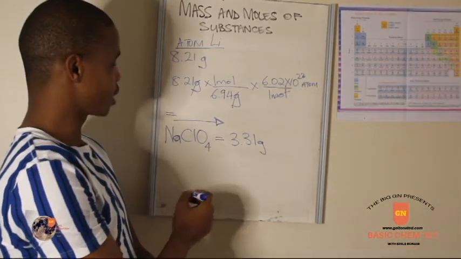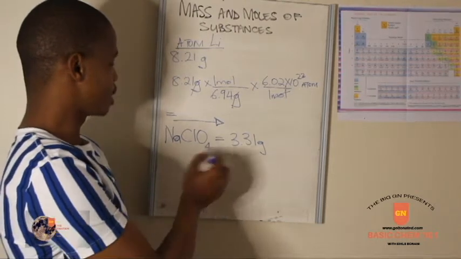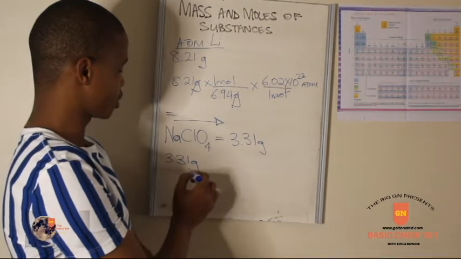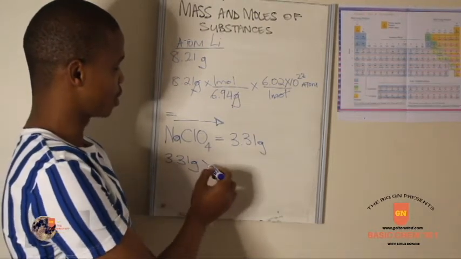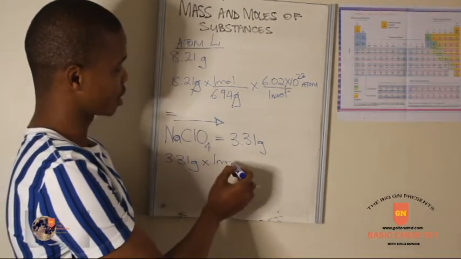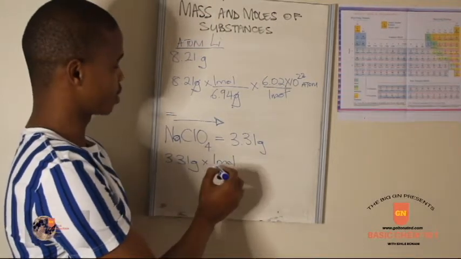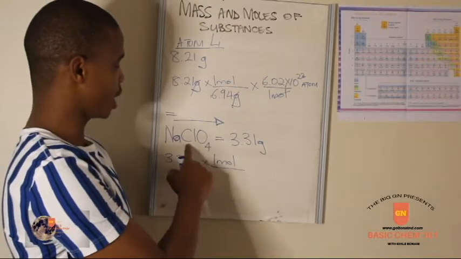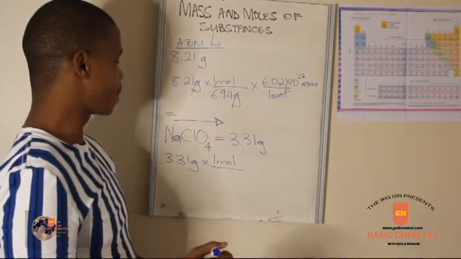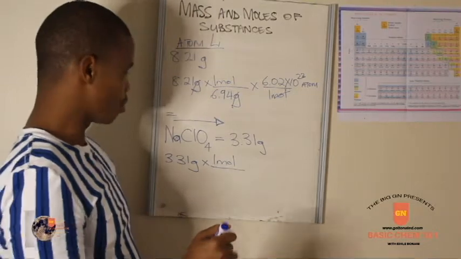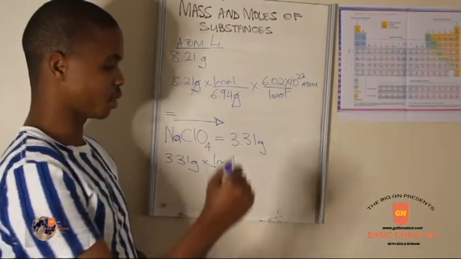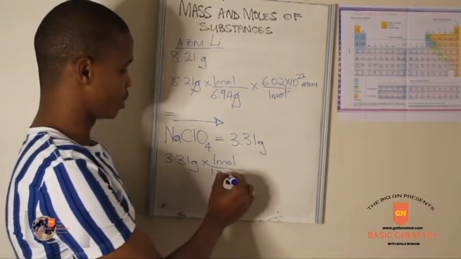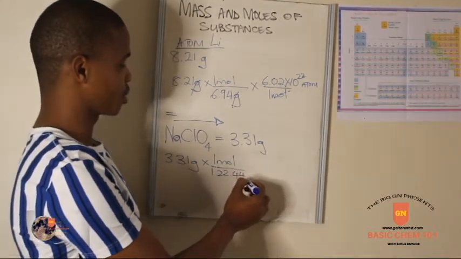So we do the same thing even here. We'll have to convert 3.31 grams to moles. So 1 mole of this would be equal to the molar mass of this. You would add the atomic masses or molar masses of each individual atom. Then you would get 122.44 grams.